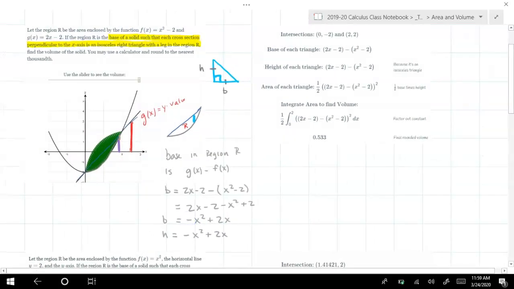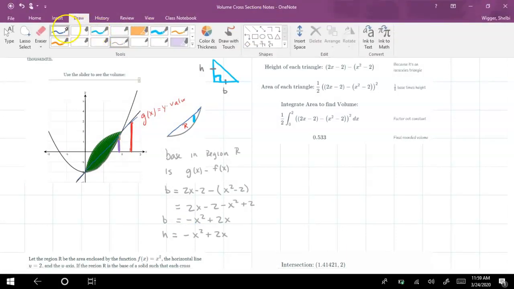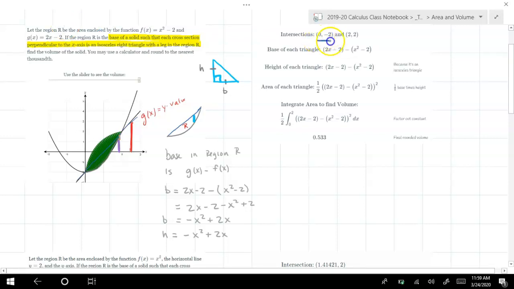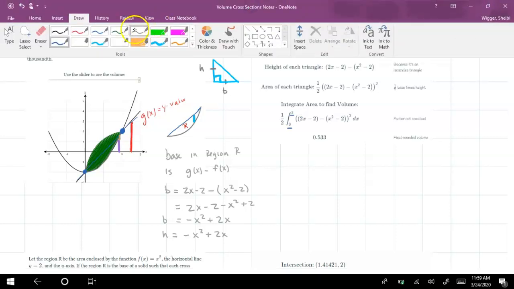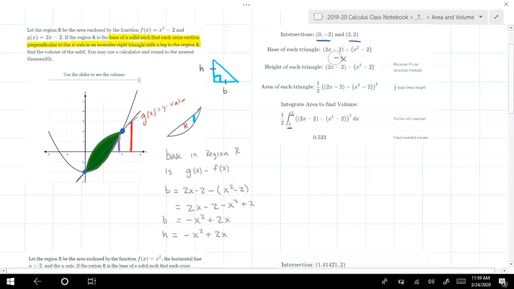We have our intersection points, (0, -2) and (2, 2). So we're going to integrate from the intersection points, x equals 0 to x equals 2. The base and the height are both g of x minus f of x, which simplifies to negative x squared plus 2x.